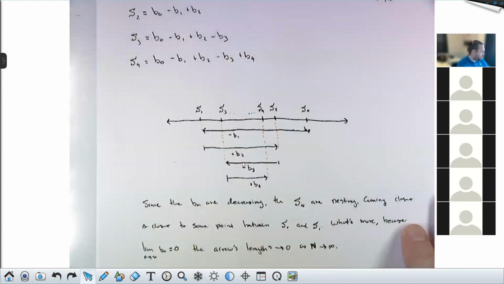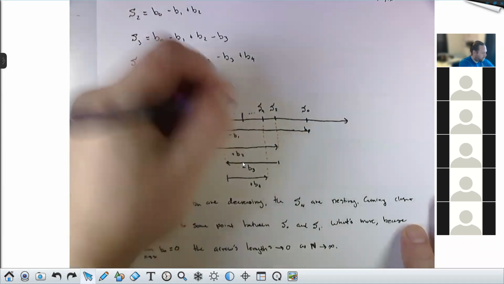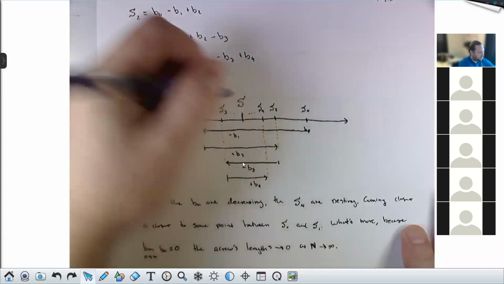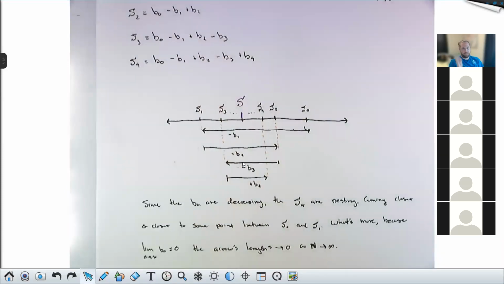So we've got to be marching inward here, towards S, which is the full sum of the series.